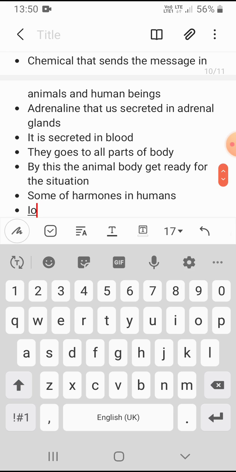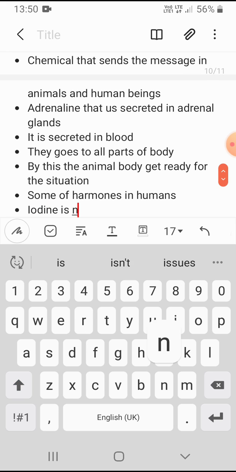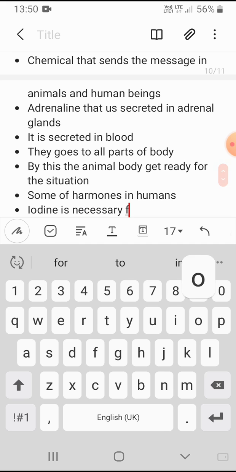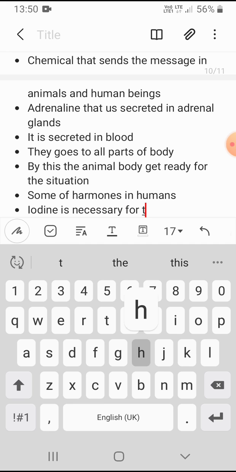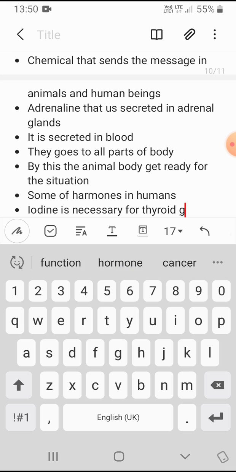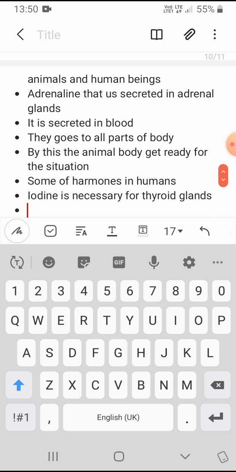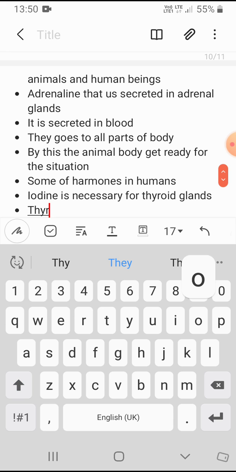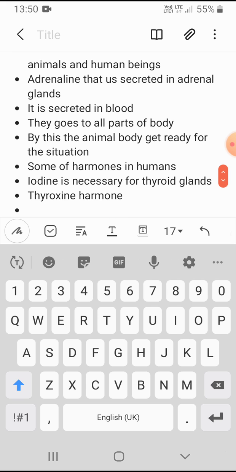So as you know, iodine is necessary for the thyroid gland. Iodine is very much necessary, and it makes thyroxine hormone.